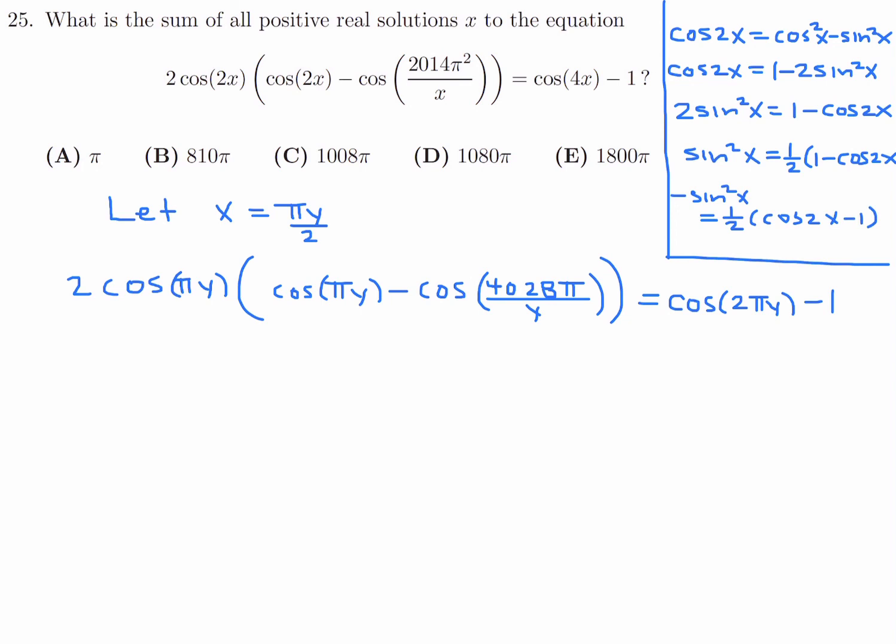So we want to get it into a form that we have. If I multiply this by 2 sine squared x, then I will get cos 2x minus 1, and that is the form that this is in.